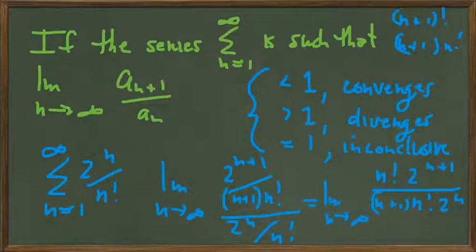Let's rewrite this 2^(n+1) in the numerator as 2 times 2^n, and then we see that there is a lot of cancellation, right? The n factorials cancel, the 2^n's cancel, and if we continue on the next blackboard, we see that we get a limit of 0.